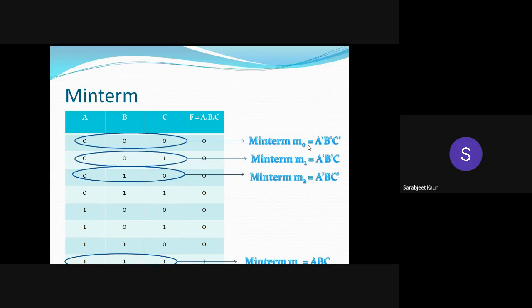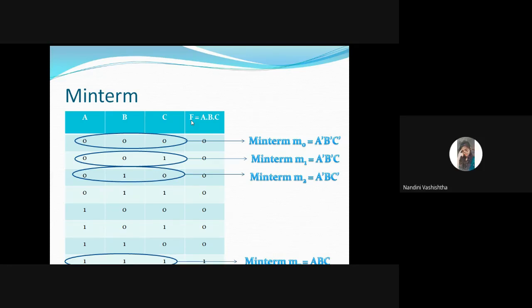Now let us go to the definition of minterm. What is a minterm? Just by looking at these, what can you say about the minterms? A minterm is going to be a product term, which will be a product or a logical AND of these three Boolean variables which are there in this expression.